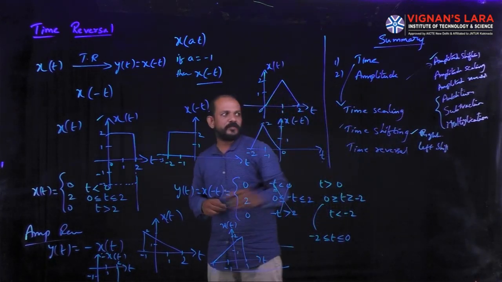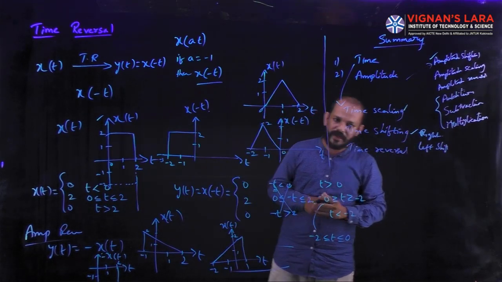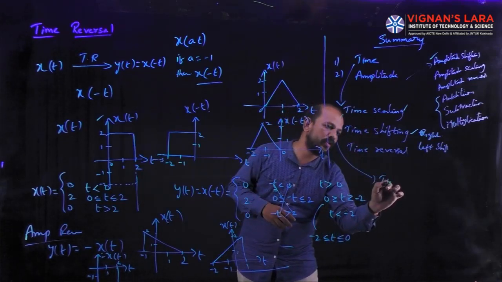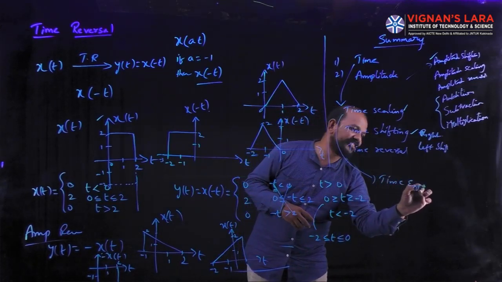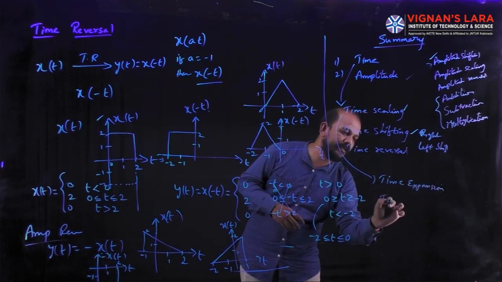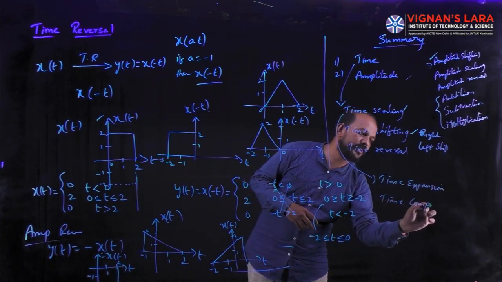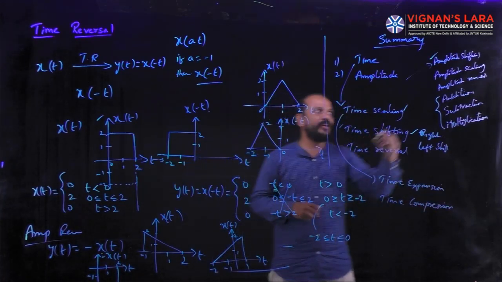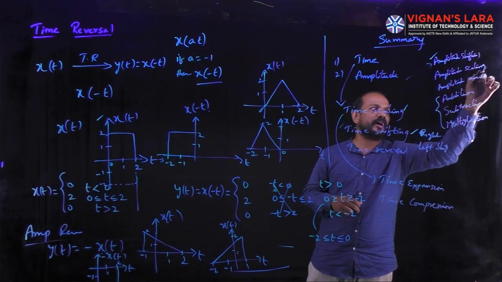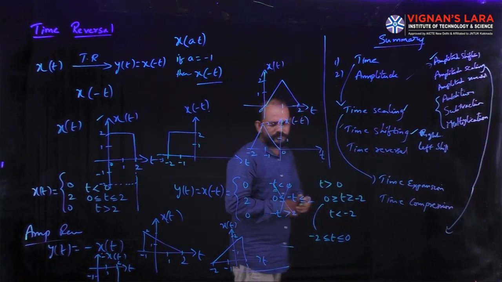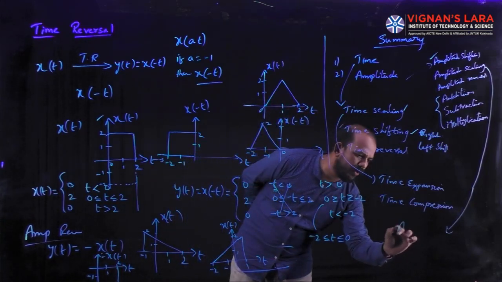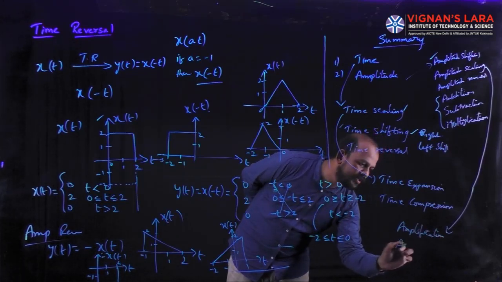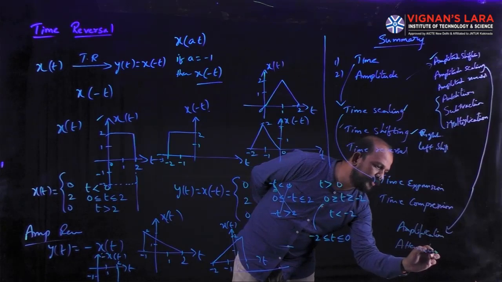Next I went for time scaling. In time scaling we have time expansion and time compression. And then I went for amplitude scaling, in which we have amplification and attenuation.